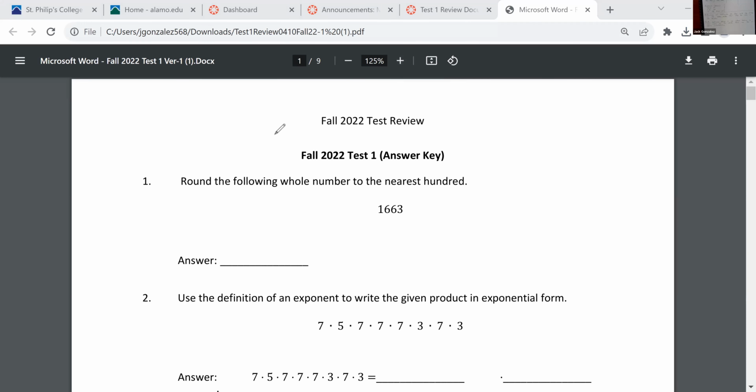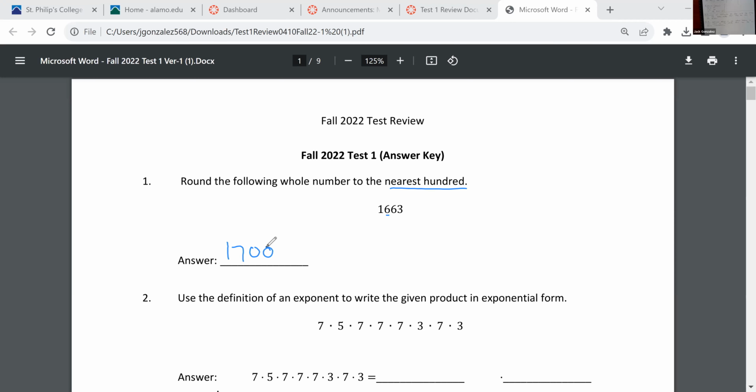Look right here. There's a 5, so this becomes a 7. Once you round, everything after the number in question is just removed, we call it truncated to zeros.